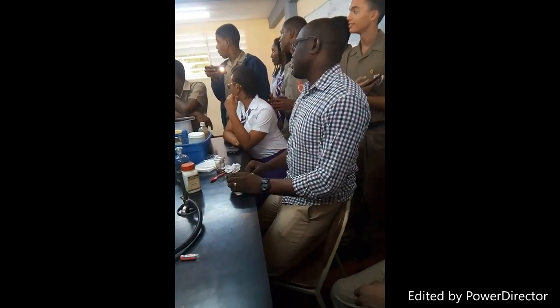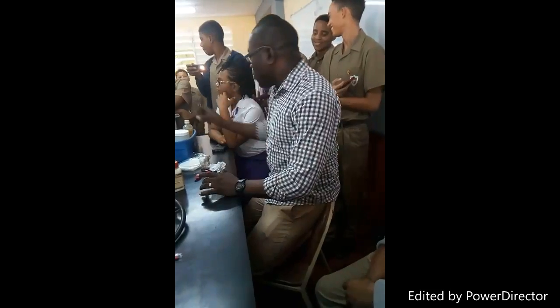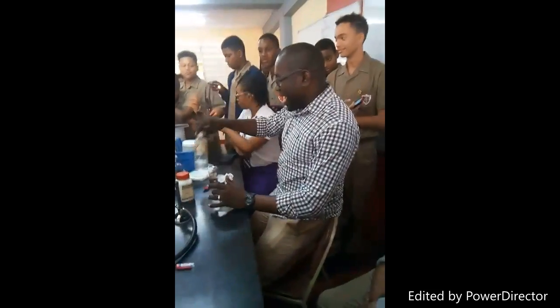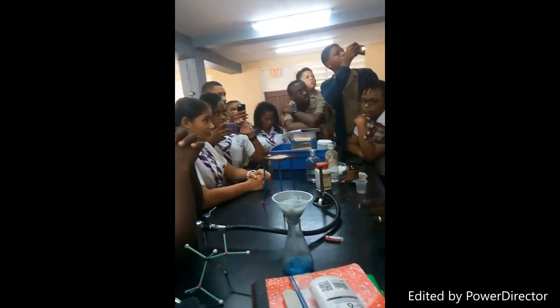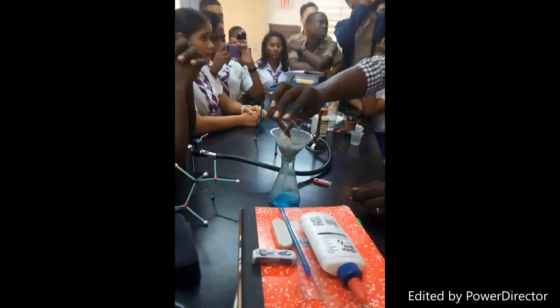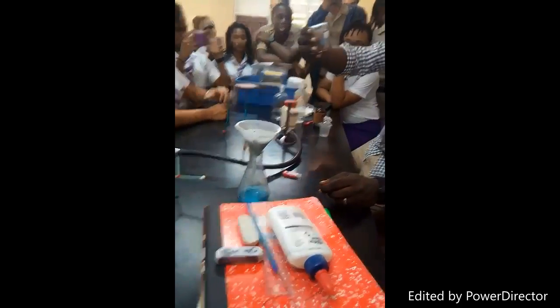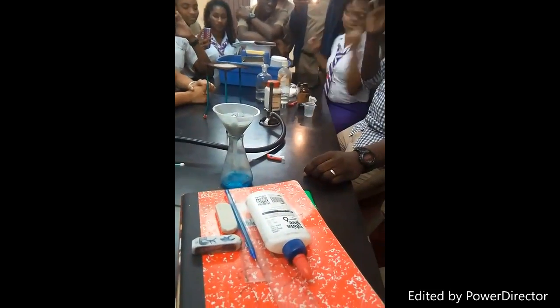Alright, so we want to make lead iodide. What is the formula of lead iodide? We want to make lead iodide, and I'm telling you now that lead iodide is an insoluble salt.